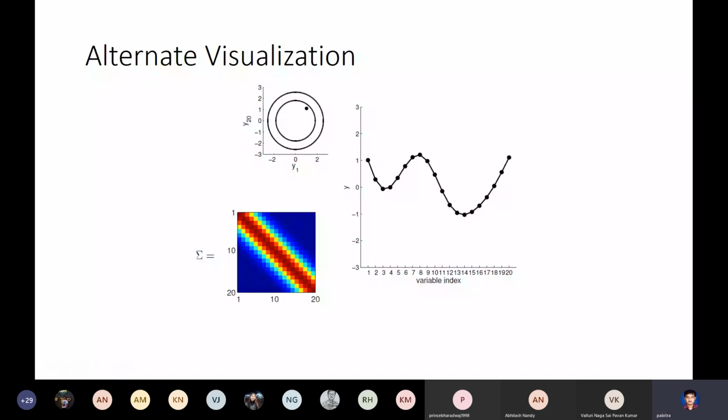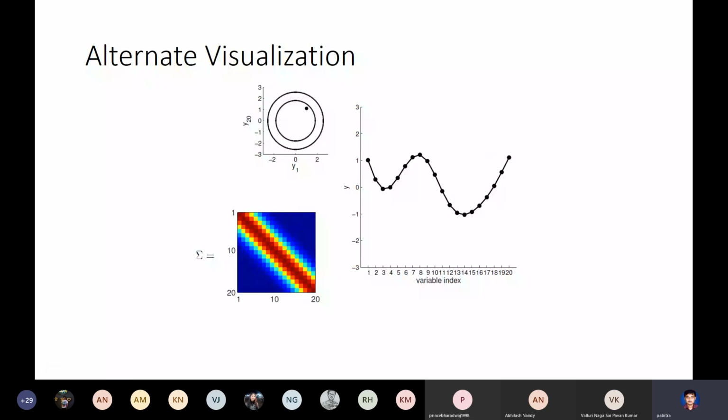If it is infinite dimensional, then the visualization is just a continuous function. It's not this jerky piecewise linear kind of thing. It's a very smooth function. In other words, infinite dimensional Gaussian distributions can be viewed as functions, not one function, a bunch of them.